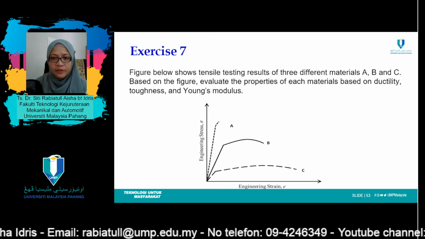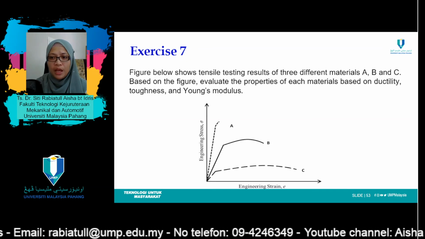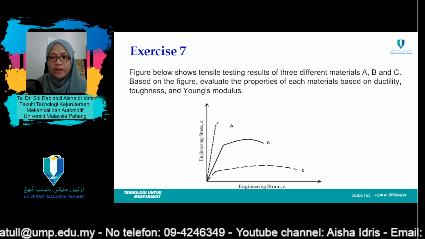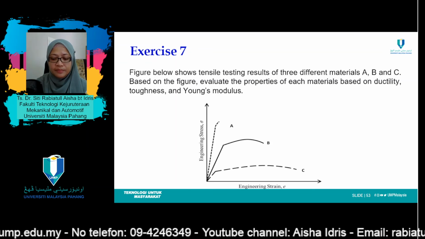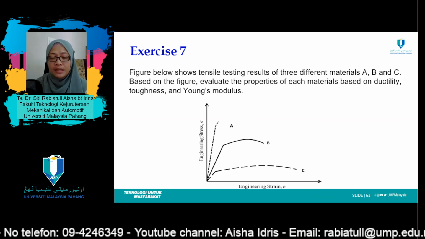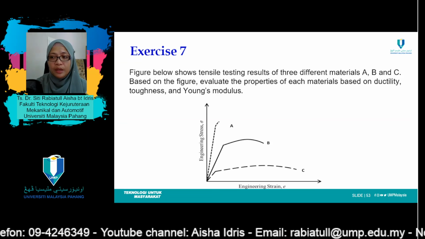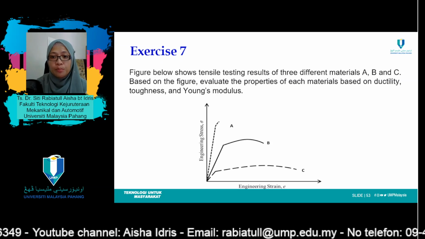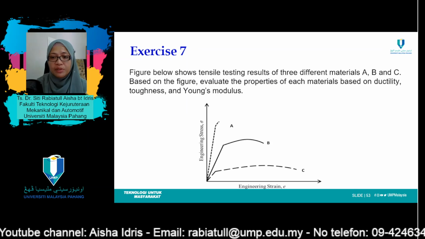For exercise number 7, you don't have to do the calculation. You just need to explain why it happens like that. However, if you still need to use a formula or calculation, you may put any assumed value in it.